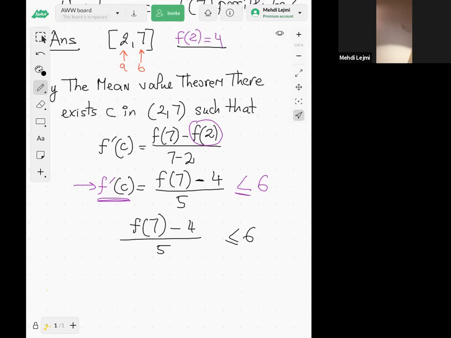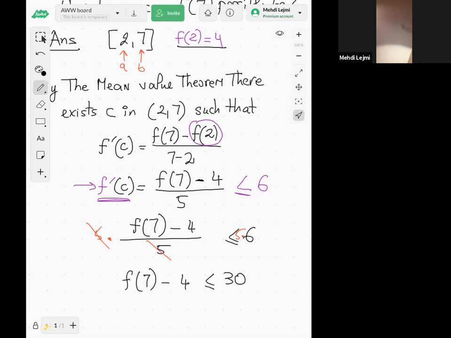So I wanna solve for f of 7, right? So then I'm gonna multiply by 5. So Adrian, it's actually 34. It's not 24, right? So the 5 here cancels out. So that's f of 7 minus 4 less than or equal to 30, right?